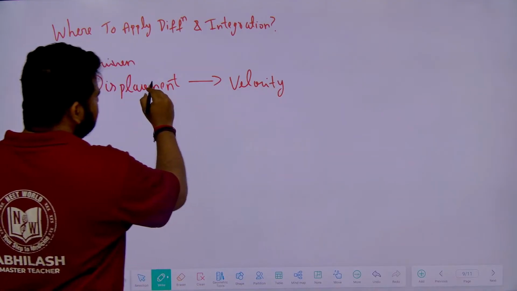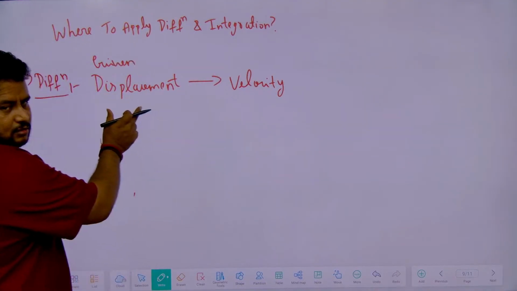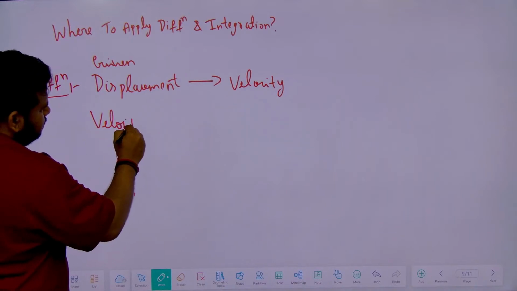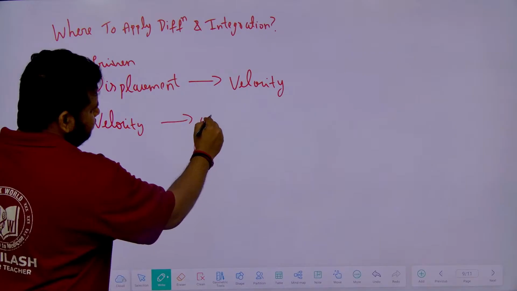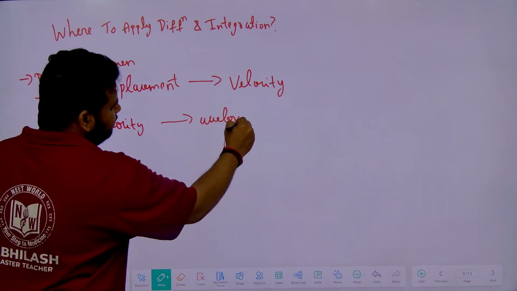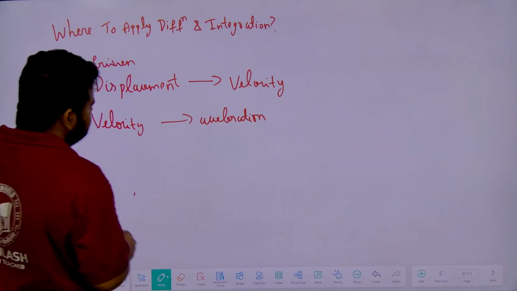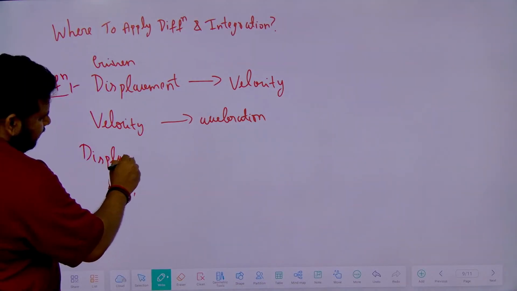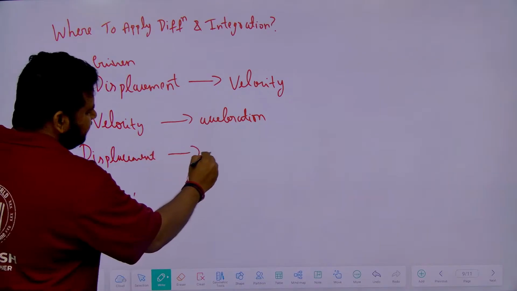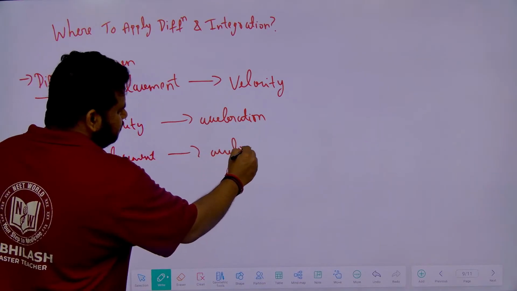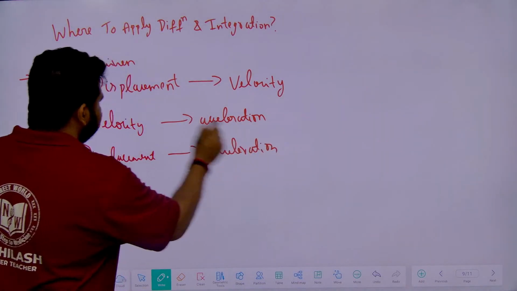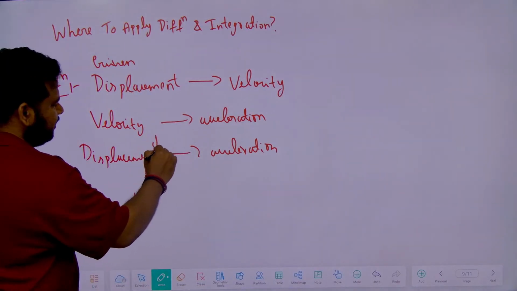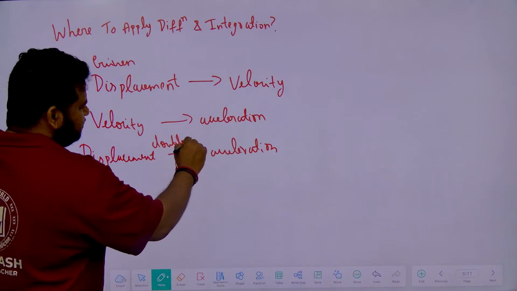That time you will do differentiation. Suppose velocity is given and you have to find acceleration, then also you will do differentiation. Suppose displacement is given and you have to find acceleration. From displacement you go to velocity, from velocity you go to acceleration, so double differentiation you have to do.